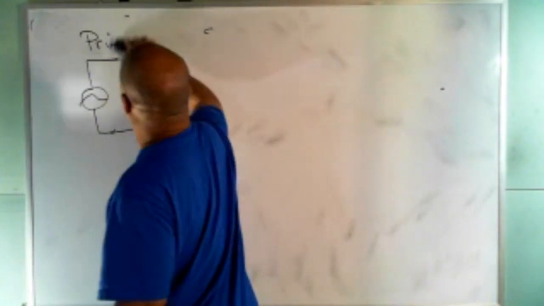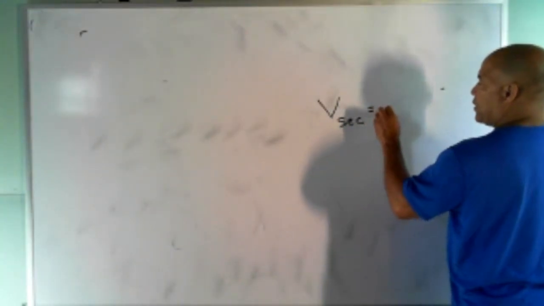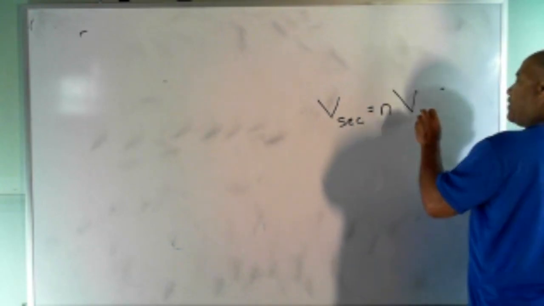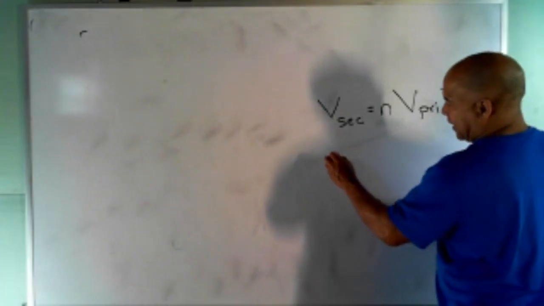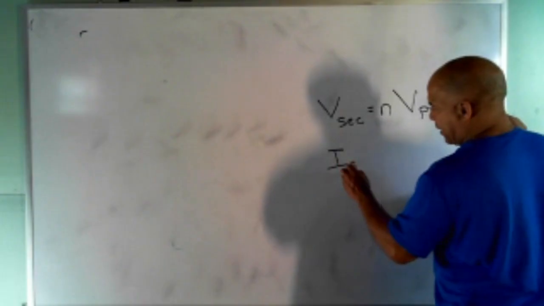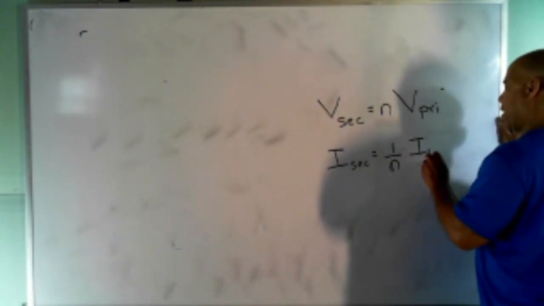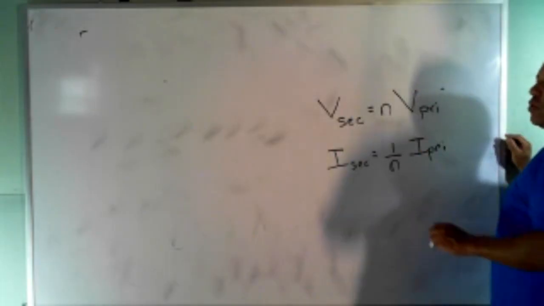The most famous one is called the transformer equation, and that says that V sec is the turns ratio times V prime. We also got the fact that I sec is 1 over the turns ratio times I prime. So these two are important.